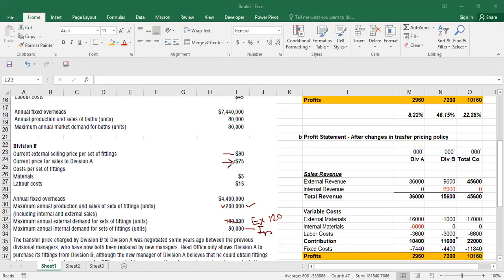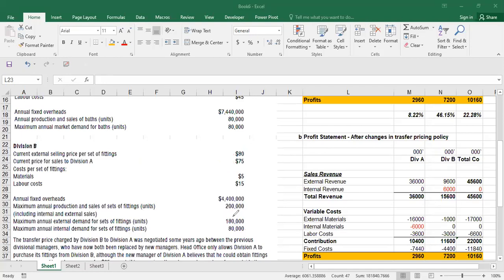So now both of the divisions will be happy, because division A will go and buy from outside for 65. Their cost will go down. Division B will also sell the full 180,000 units outside for $80. And now that's very important, what they need to think.